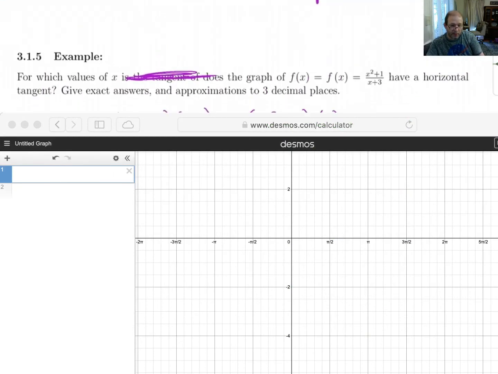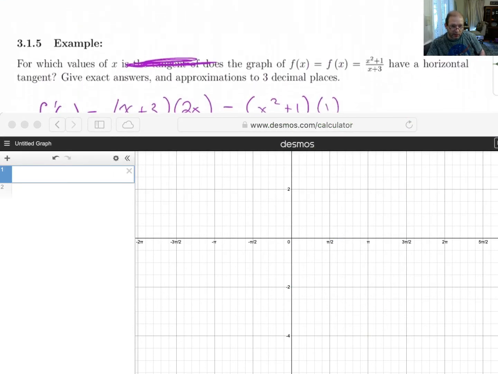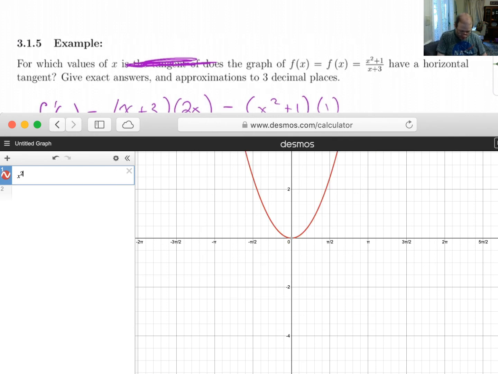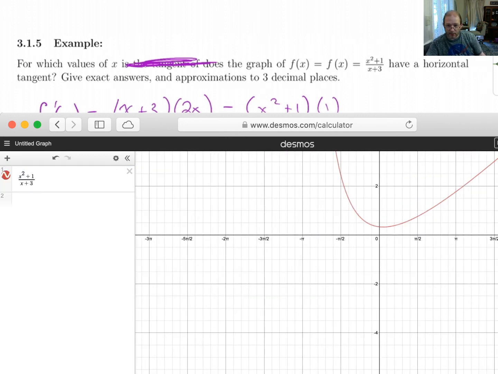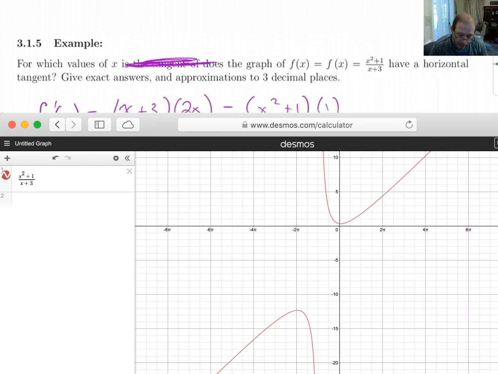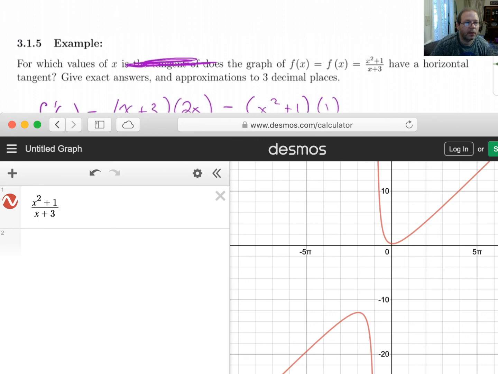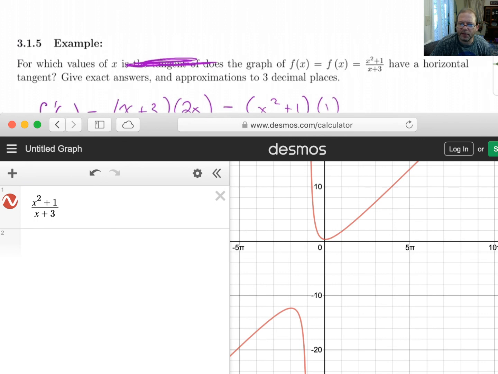All right. The graph we're looking at is x squared plus 1 over x plus 3, which looks like this. Yeah, okay, I thought there was a problem because it looks like it's got a minimum at 0 here.